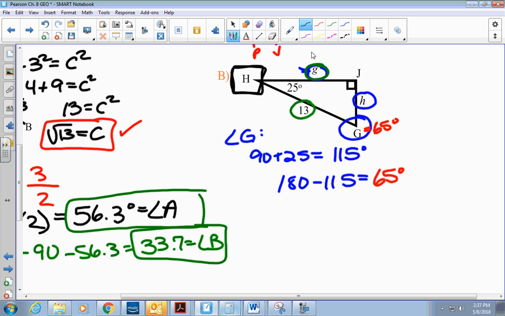Okay, perfect. Put your pencil on the 90-degree angle, Brayden. Is it across from the 90-degree angle?